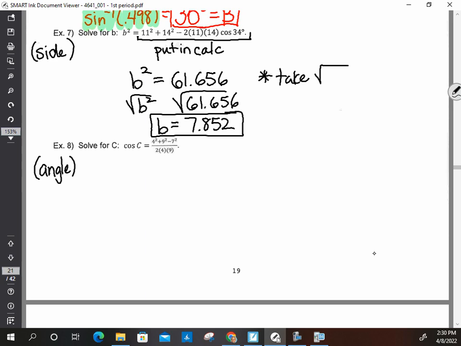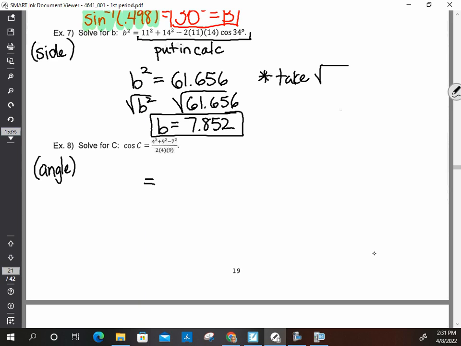So cosine of angle C equals 4 squared plus 9 squared minus 7 squared divided by 2 times 4 times 9. My advice is always work out the top first and work out the bottom second. Do the top and the bottom separately.